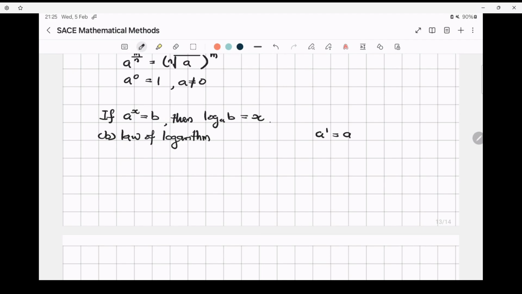So if you apply this particular definition of logarithm, you will find that log base a of a is equal to 1. The second one comes from here. A power 0 is equal to 1. So log a of 1 is 0.